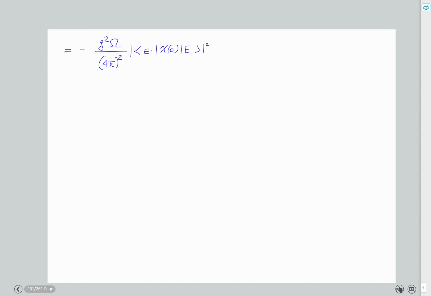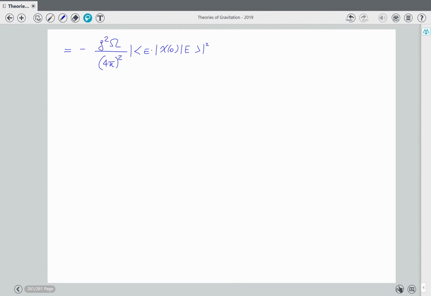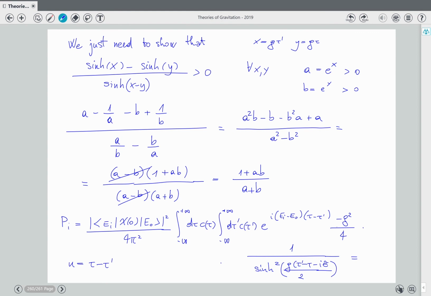So we have the integral du from minus infinity to plus infinity, e to the i, and the integral now is this, e to the i (e_i minus e_0) u divided by hyperbolic sine squared of g (tau prime minus tau), actually.